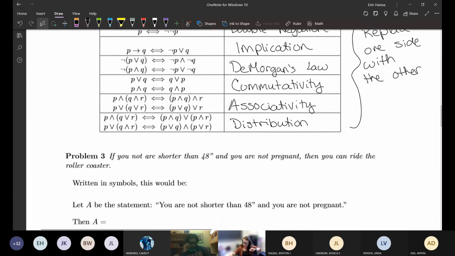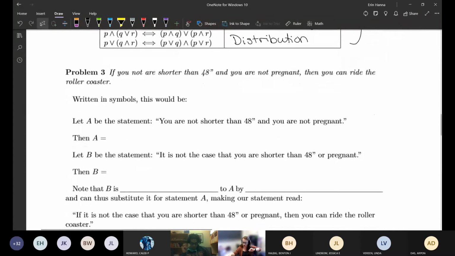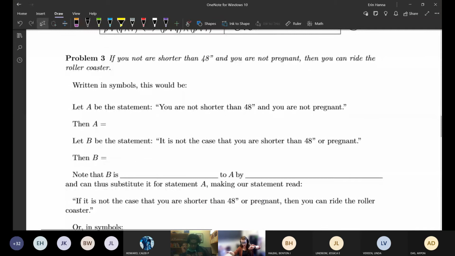So say we look at the statement, if you are not shorter than 48 inches and you are not pregnant, then you can ride the roller coaster. If we were to write this in symbols, I'm going to say shorter than 48 inches is going to be P. I'm going to go with our usual PQR here.